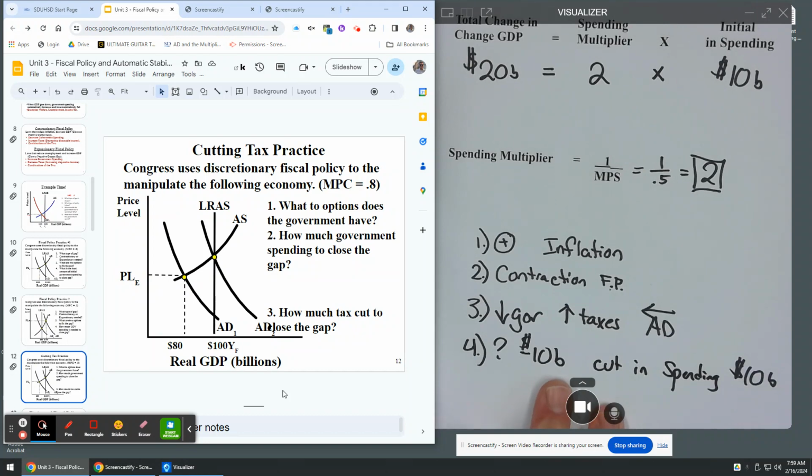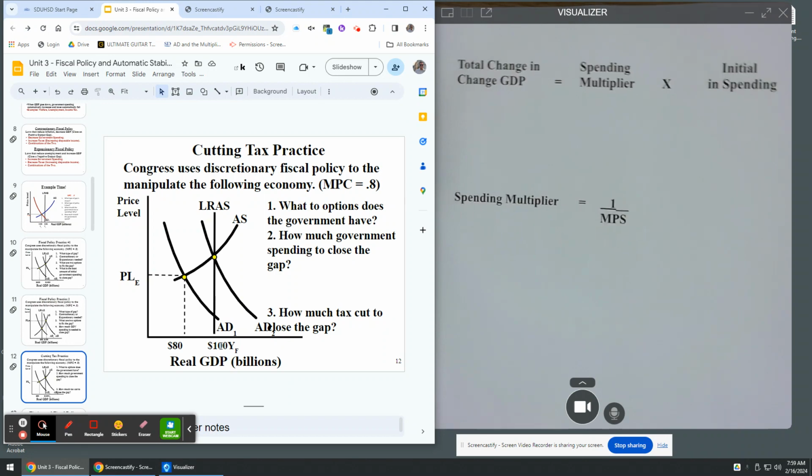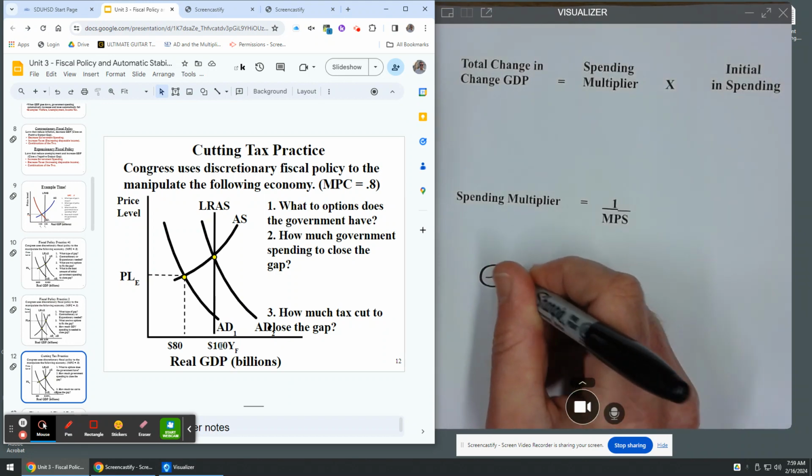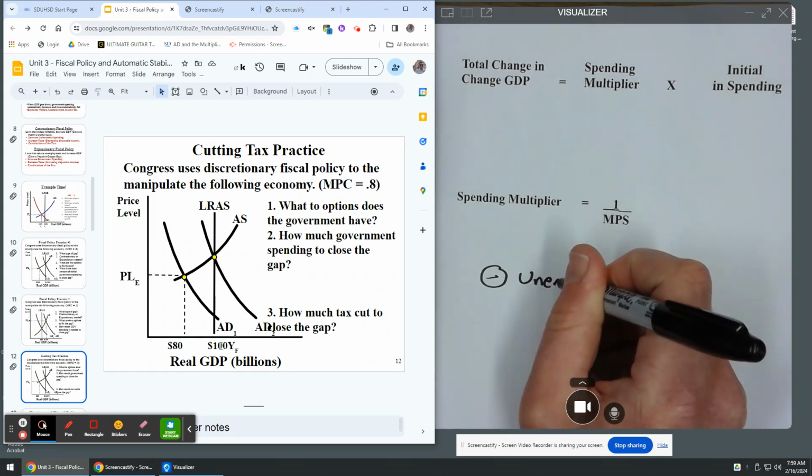This time, I skipped over some steps. Didn't ask about what gap we're in because at this point we should be pretty comfortable with the fact that we're operating right here. Our GDP is less than our full employment output, so we know that we're operating in a negative output gap. We know that we have high unemployment.